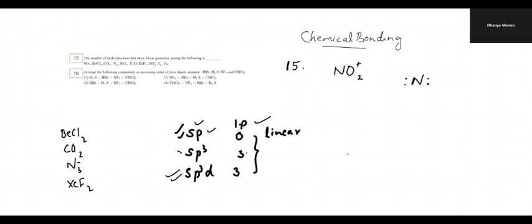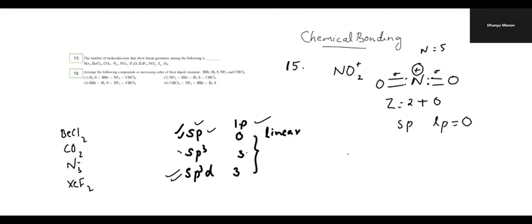Usually nitrogen has 5 electrons in the outermost shell, but here it has a positive charge, so there are only 4 electrons. So it is forming a double bond with oxygen on either side. How many sigma bonds are there? 2 sigma bonds plus 0 lone pairs. So it is sp hybridized with lone pair equal to 0. So this satisfies this condition, so NO2+ has a linear shape.